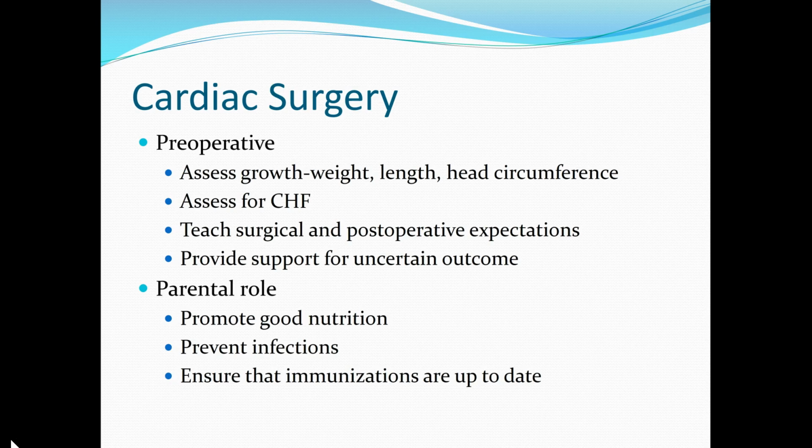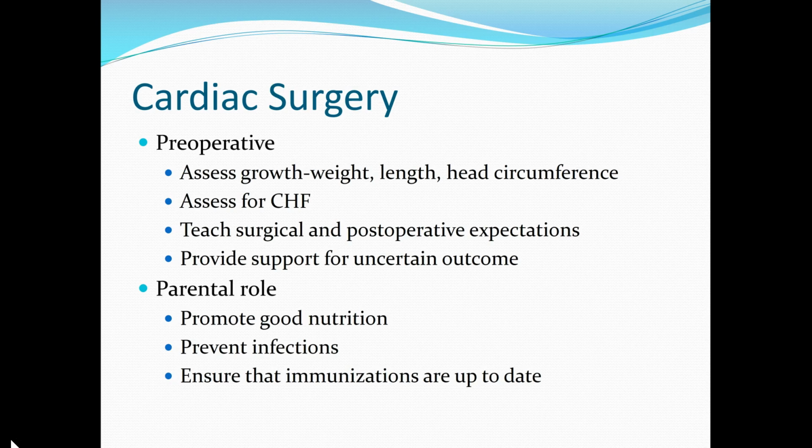You know, these children are having cardiac surgery, and like I mentioned in tetralogy of Fallot, even with surgical repair, it may not be curative. So the parental role is huge. You're going to want to promote good nutrition, and that good nutrition is hopefully going to help the baby grow as much as they can. You know, these children are not going to be in the 80 or 90 percentile range for their age and weight.